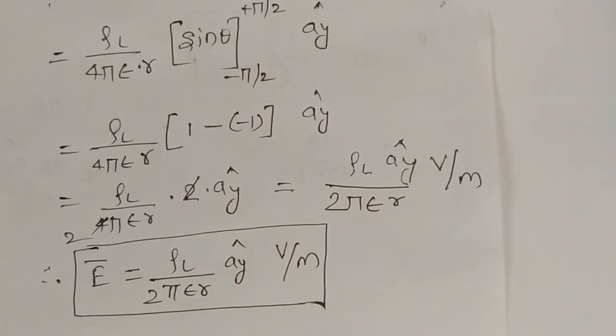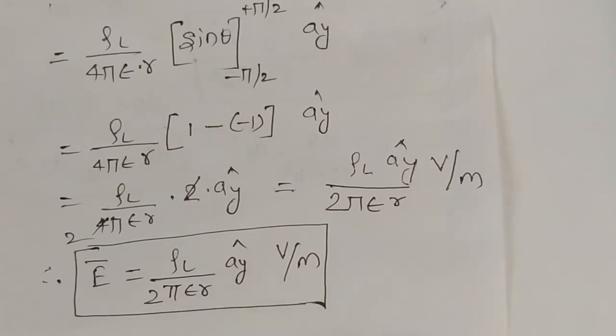So from this equation one can conclude that the electric field intensity has no component in the direction parallel to the line along which the line charge is located. In our case we located the line charge along the z-axis, so we can say that in our equation we don't have the z-axis component.